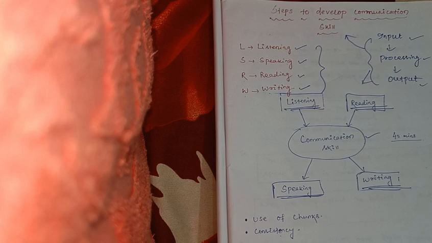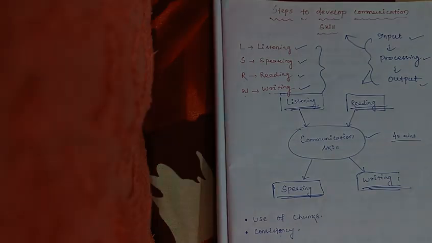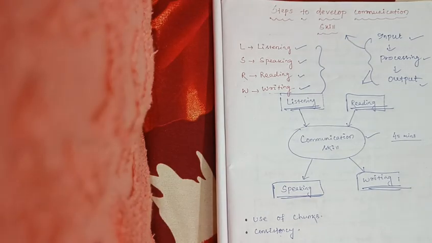Suppose a baby takes birth in a family. From that particular moment, he or she never starts speaking. At first, he or she cries. When we all are happy that the baby is very nice, whatever we are talking around the baby, the child is listening to everything.